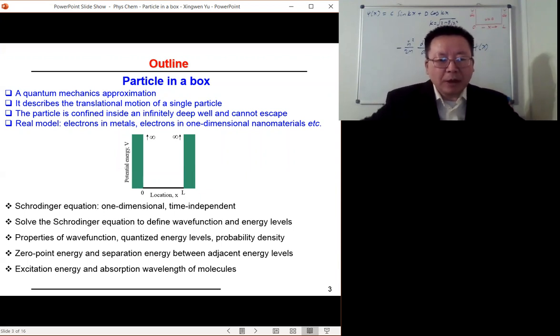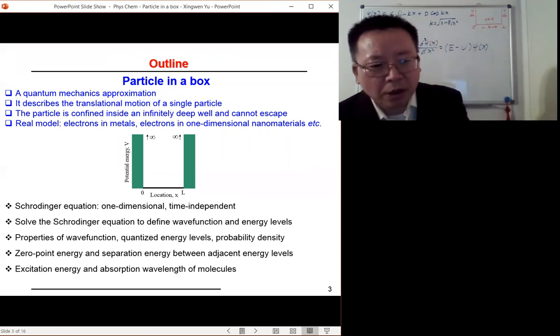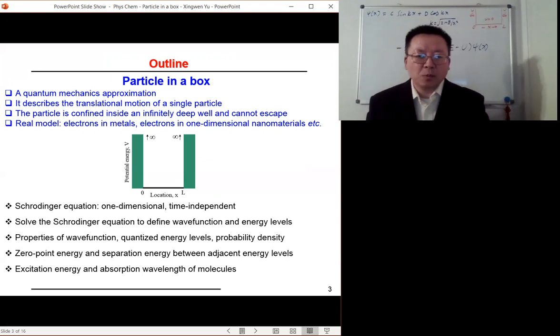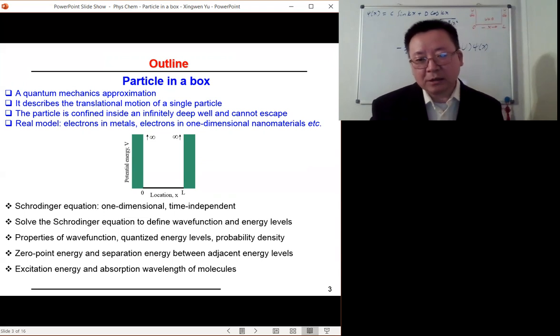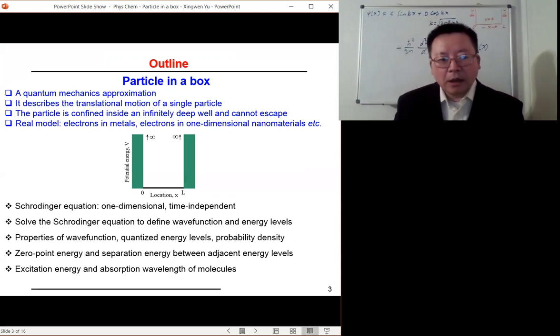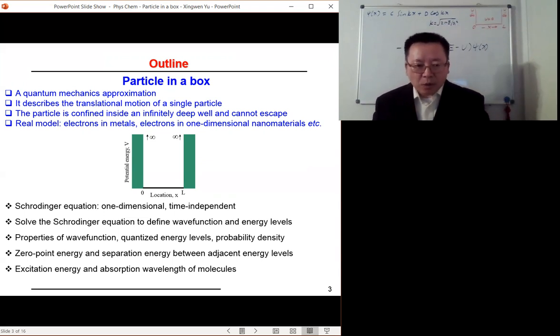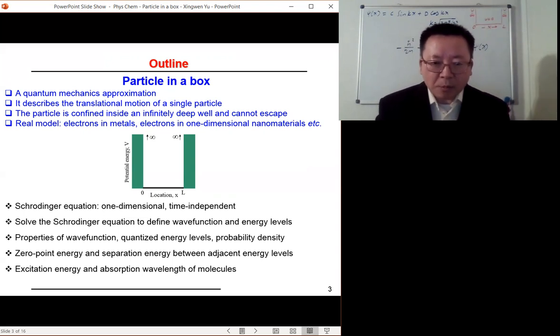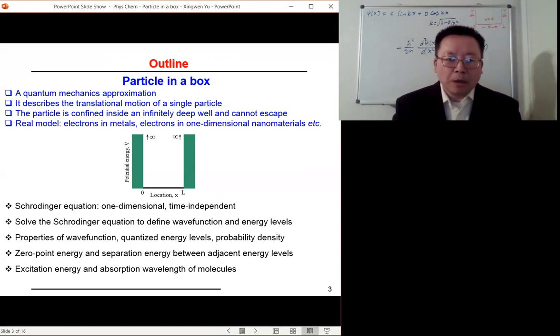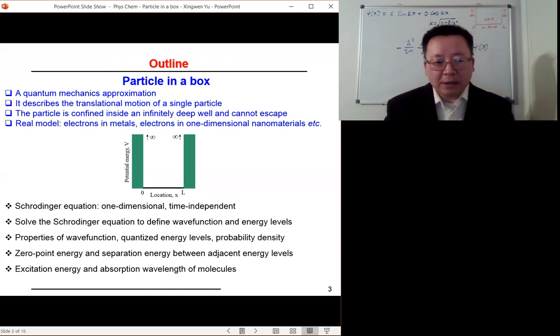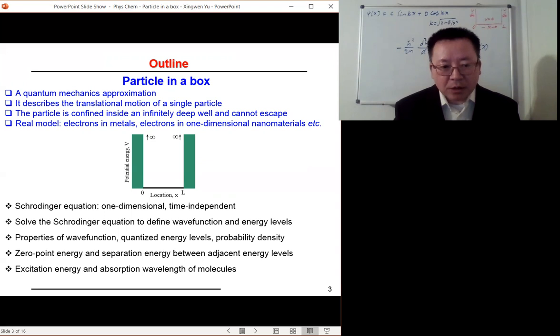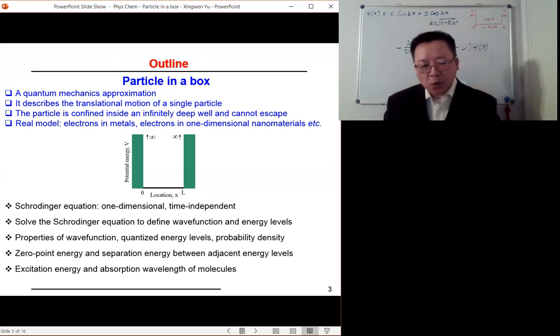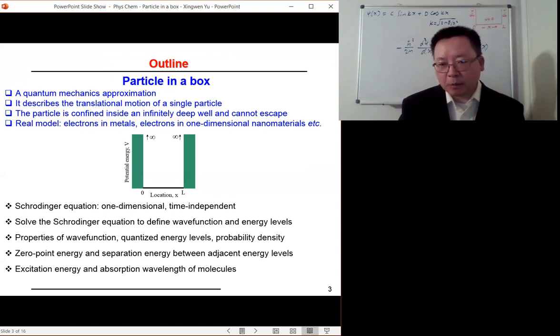After that, we are going to introduce two concepts, the zero-point energy and the separation energy between two adjacent energy levels. At the end, we are going to introduce a real-world example of the excitation energy of the electrons and correlate it to the absorption of photons by molecules.